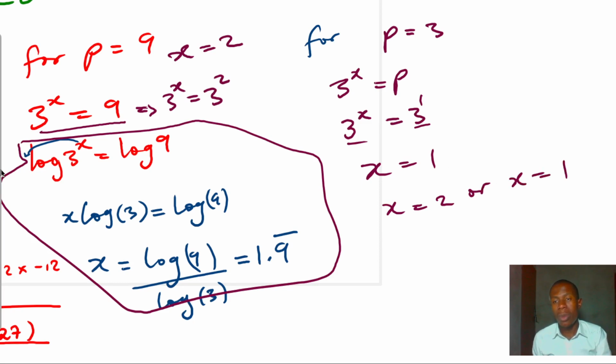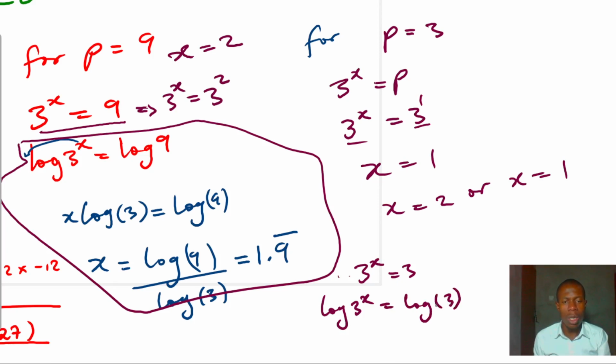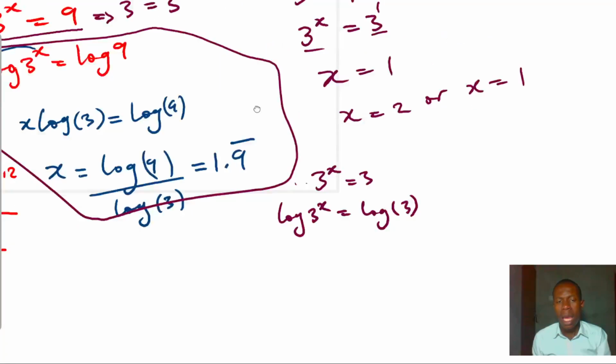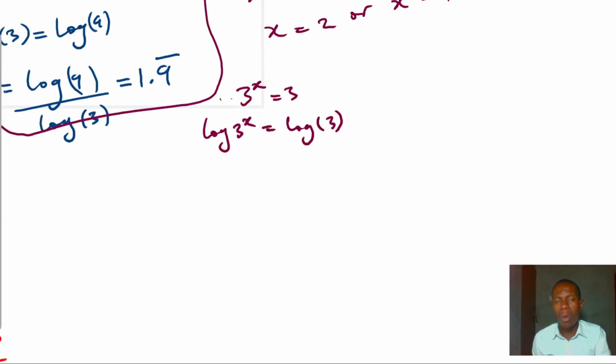So this is how you are supposed to approach this. You can try the same for the log approach. You would have said 3 raised to the power x is equal to 3. Then you introduce logs both sides, so that is log of 3 raised to the power x equals log of 3. According to the log property, we can drop this power here.